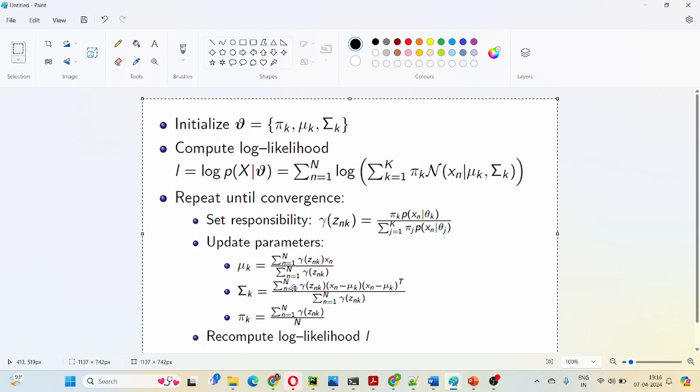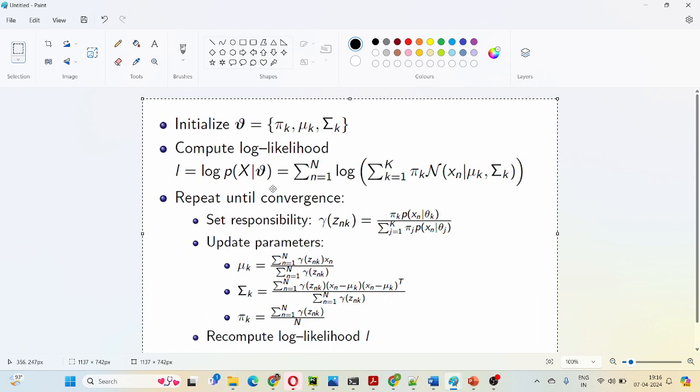So why MLE? Another way to estimate these parameters is with the likelihood here: you take the prior and integrate it.